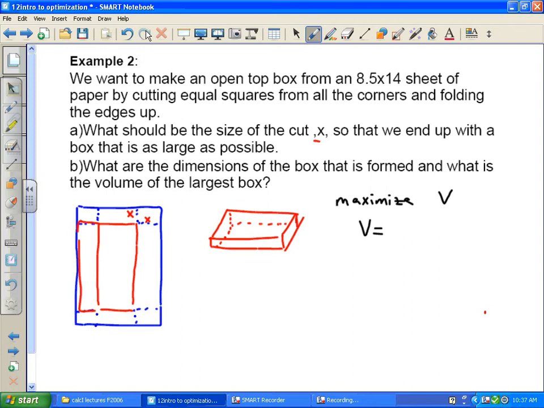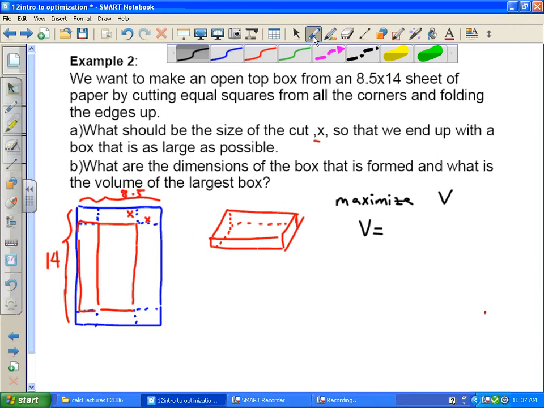Like this side was, to begin with, 8.5, and this side was 14 inches. Now, when you cut x from here, x from here, how much are you left with then for this side of the base of the box?